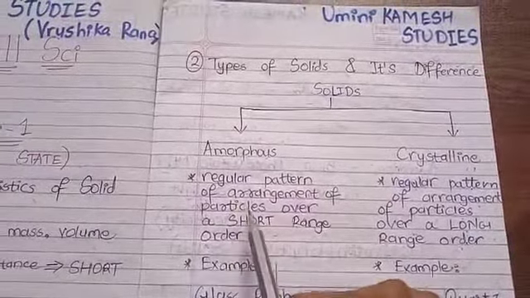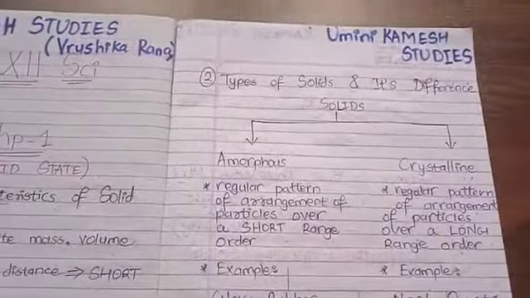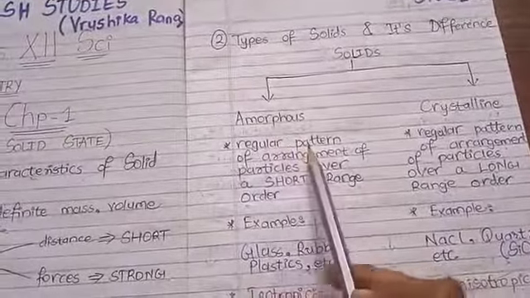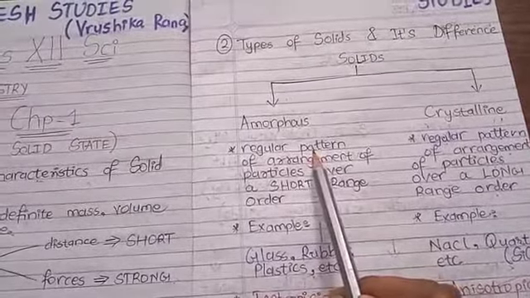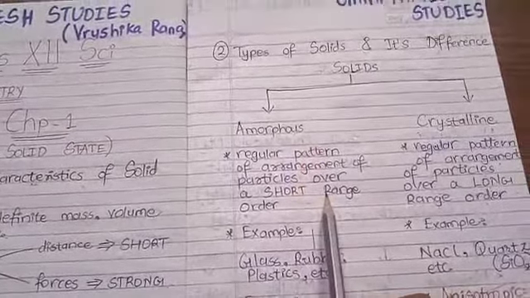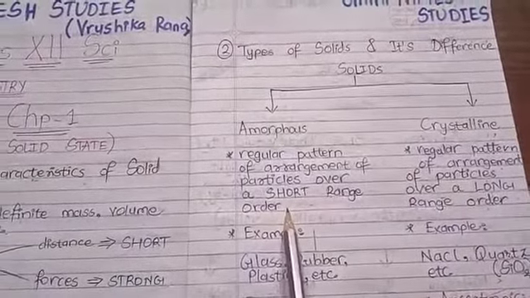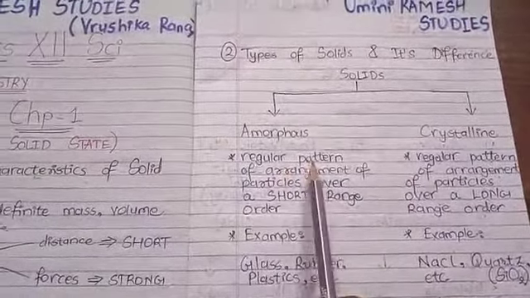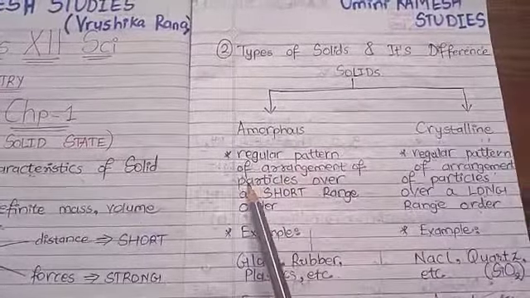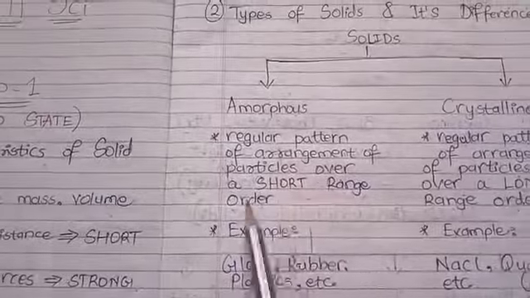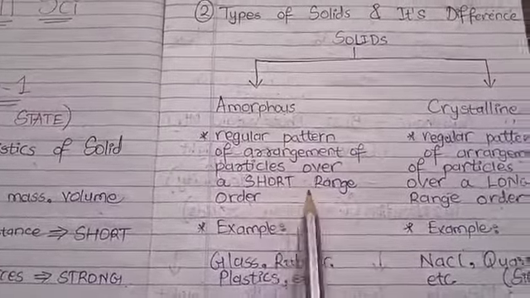A certain pattern is repeated for a short range. Short range means only for a short time. So, a regular pattern of arrangement of particles only over a short range order.